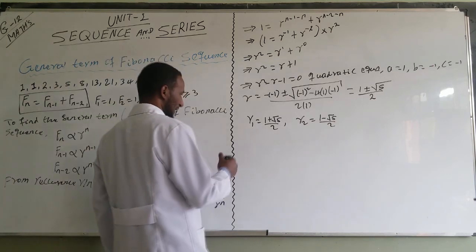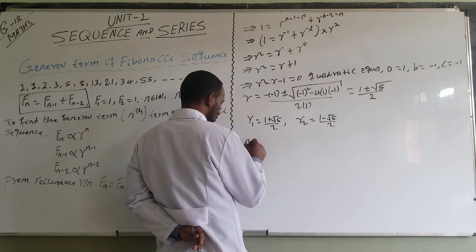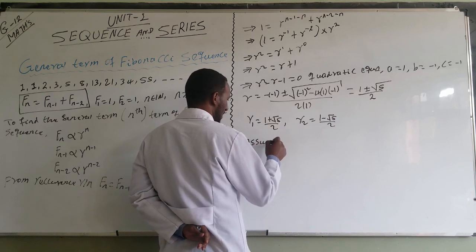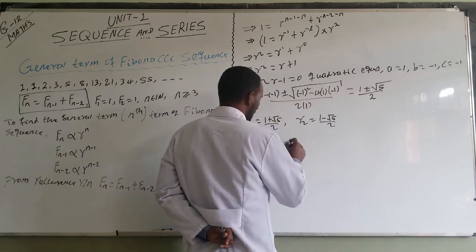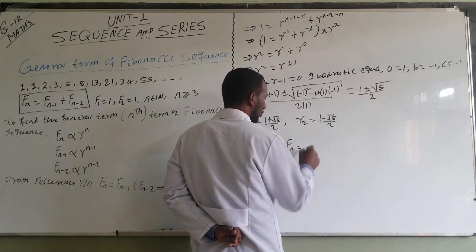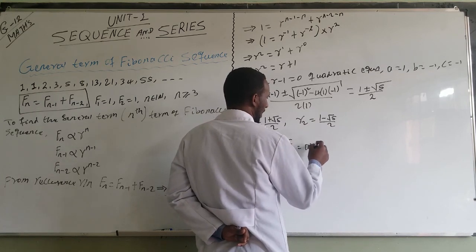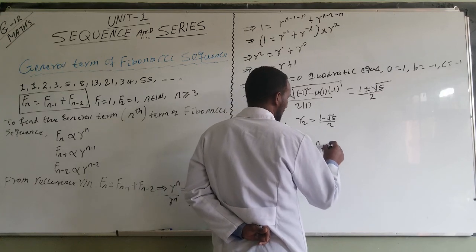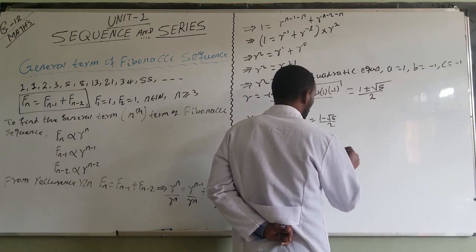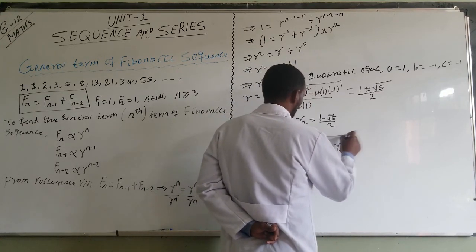Then by assumption, f of n is equal to a times r1 to the power of n plus b times r2 to the power of n.